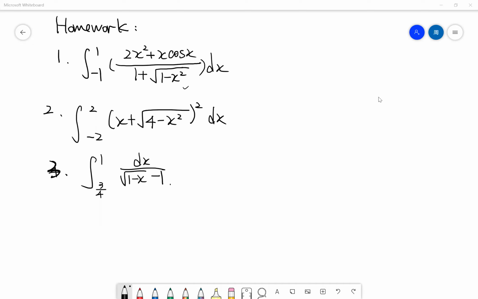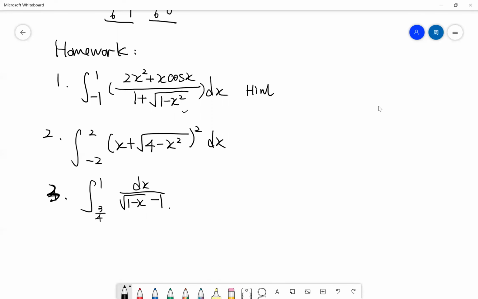So here, I will give you some hint, okay? For the first one, you can separate the integrand here into two parts, and one part is an odd function. Remember that?